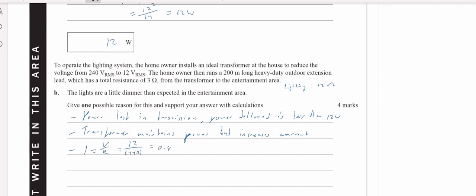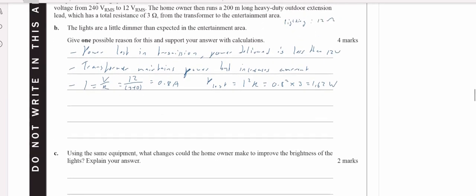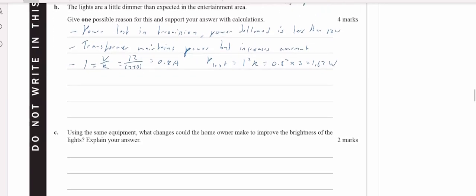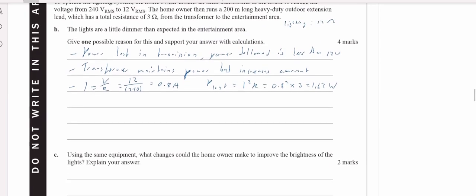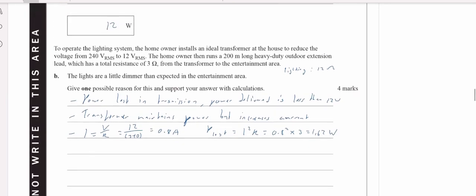It's 0.8 amps. And the power lost is I squared R, 0.8 squared times 3, 1.92 watts. So we show that the power is lost and the lights won't get the 12 watts.